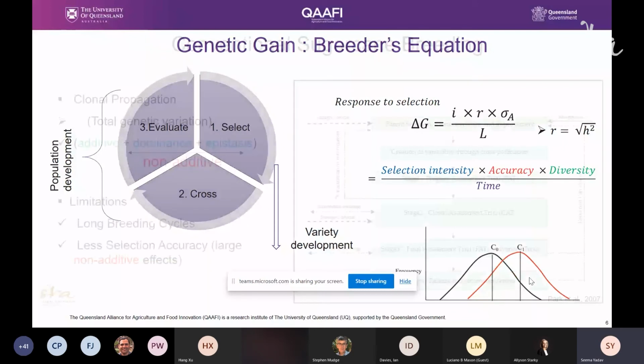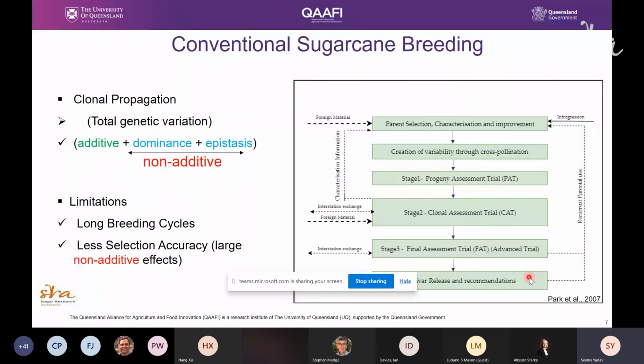So this is a conventional sugarcane breeding scheme, as followed by SRA. The first step is crossing, which creates genetic variation in the population, which is then exploited in a number of stages of selection. And at the end comes propagation.